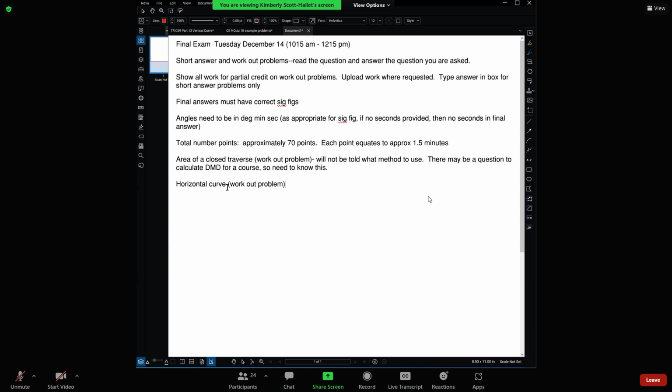It will not be a super long problem, meaning I'm not going to give you like 3 or 4 different curves with different radius that you need to solve. But you can have a reverse curve. You can have a compound curve. You can have 2 curves that are separated by a straight line distance. Read the question and make sure you understand what information is given.